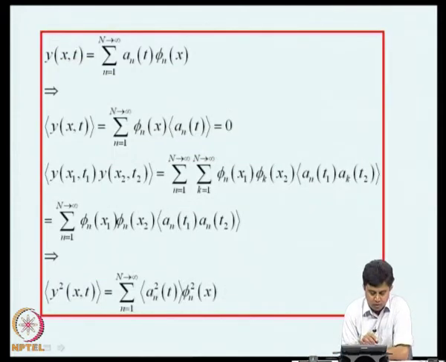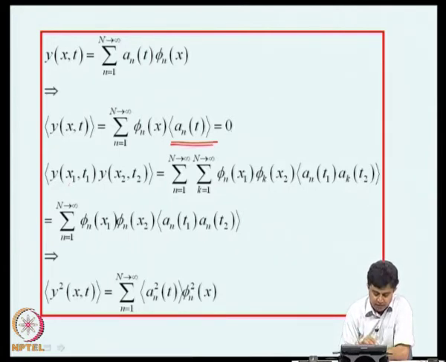Now, if we return to the moments of displacement y of x comma t, again we have to apply the expectation operator on these expressions. So, expected value of y of x comma t is expected value of this right hand side, and that is expected value of a n of t which is 0.